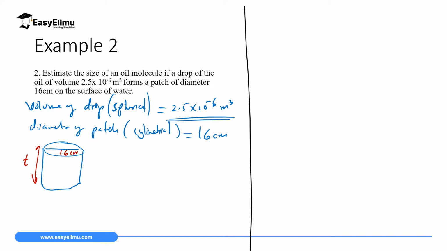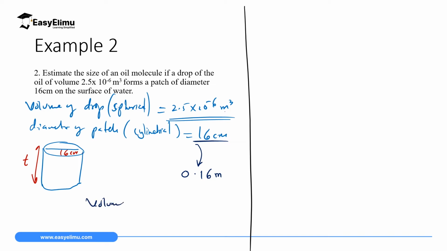So in this case, what you need to know, first you must convert this unit. Since the volume is in cubic meter, then you have to convert this diameter into meter, and in this case it's going to be 0.16 meter. And now we can write our formula.